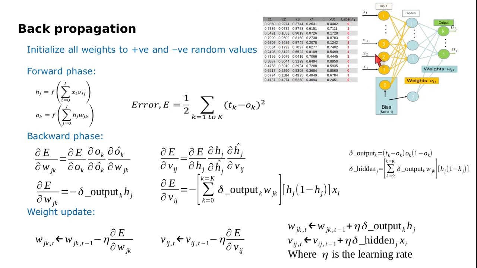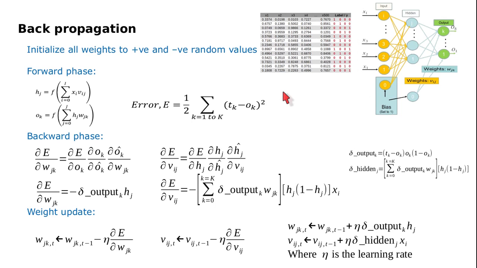Let us say instead of using this data set, which requires only one node in the output, you were to use this data set, which requires 4 nodes in the output. The value tk would change. The true value for sample number 1 would now be 1000, and the value k would range from 1 to 4.